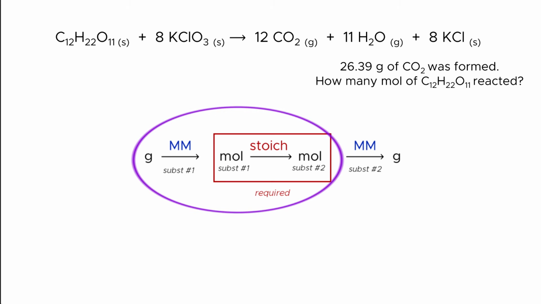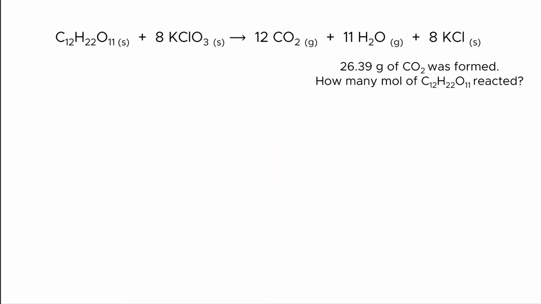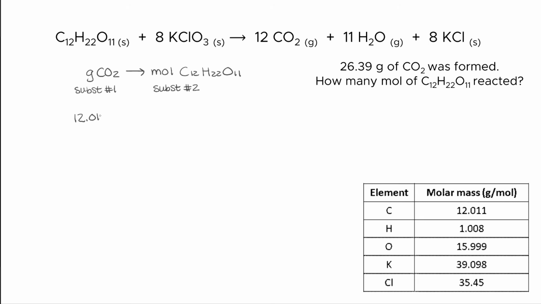Because we're calculating moles of sucrose, we won't need its molar mass. So then to calculate the molar mass for CO2, we have 12.011 plus 2 times 15.999 gives us 44.009.